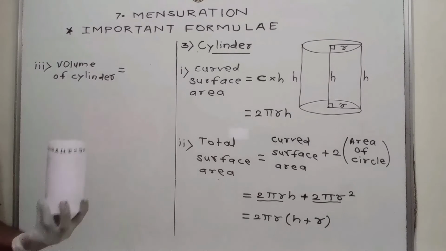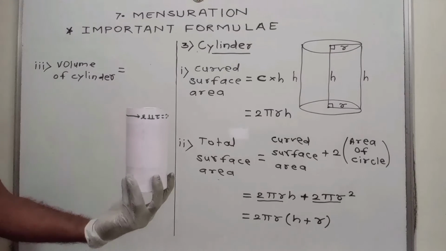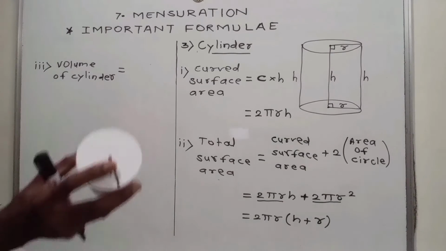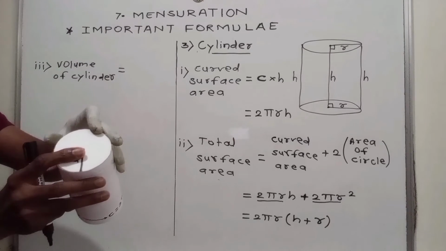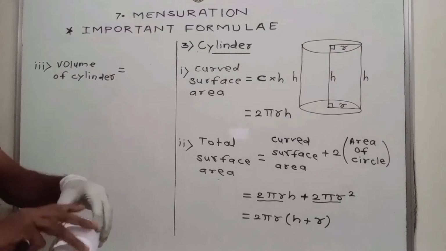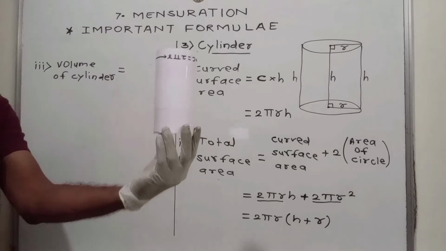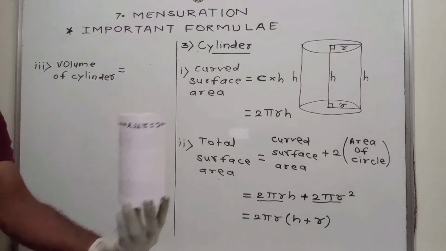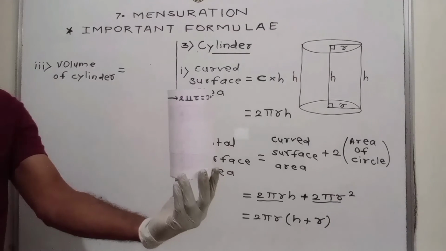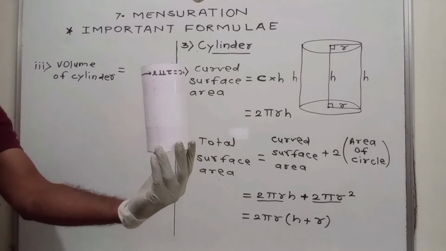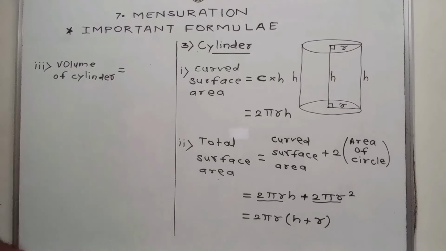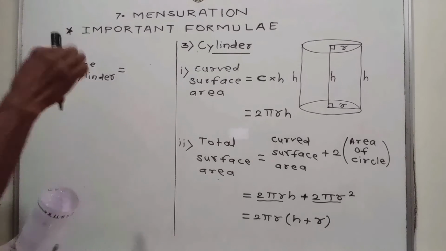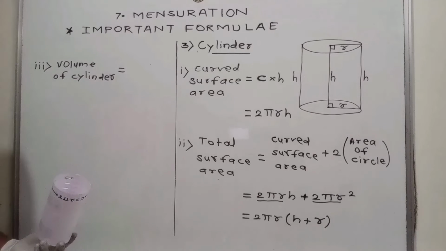Now, when we take cylinder this way, the bottom surface is a circle, and this is our cylinder. Now, when we pour something in it, suppose water, oil, anything, then that rests on this base. See here, volume of cylinder.